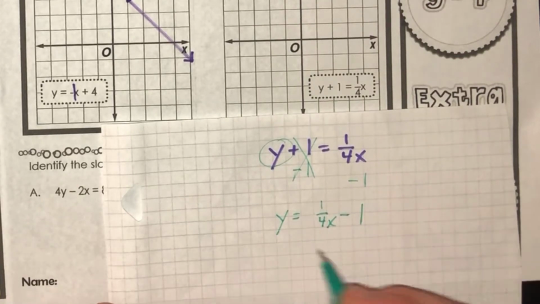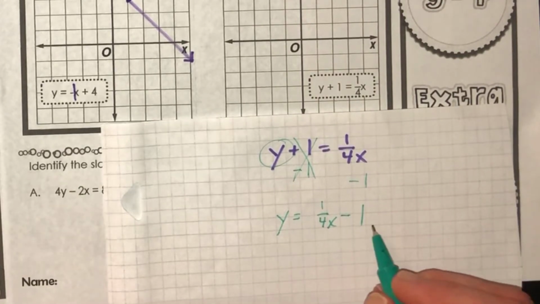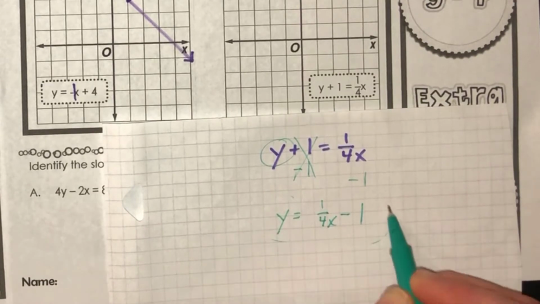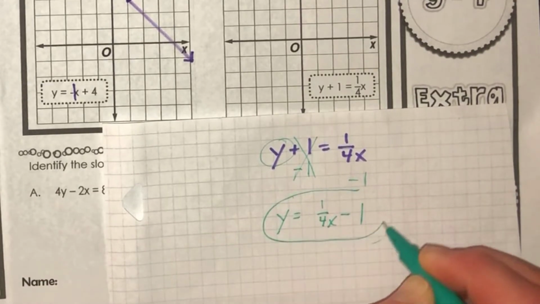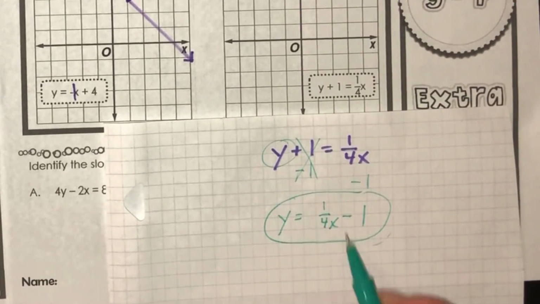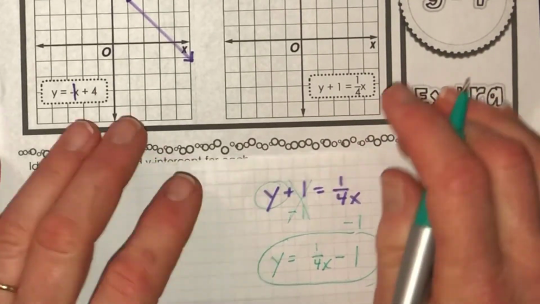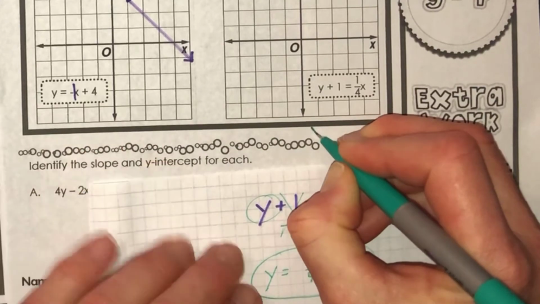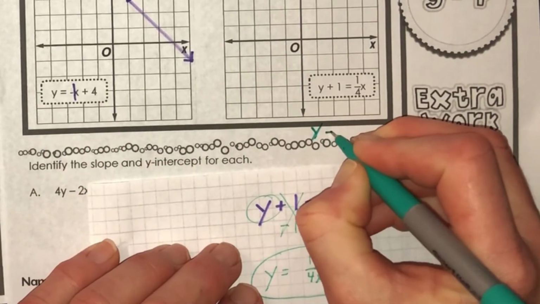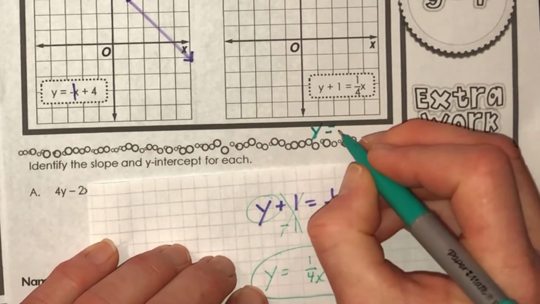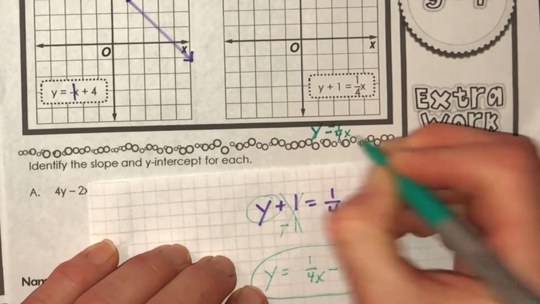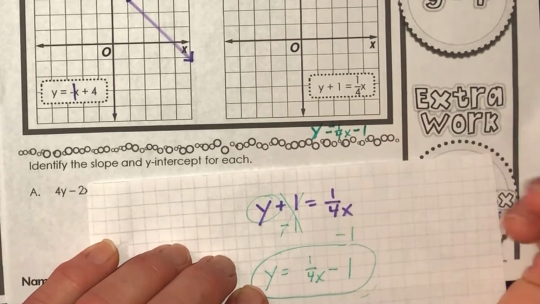Y equals mx plus b. Okay, so now this is in y-intercept form. So now you can graph this. If you want to write here, the equation for this line is y equals 1/4 x minus 1.